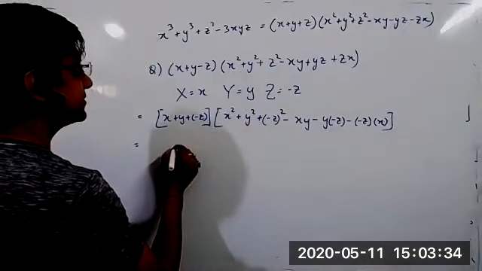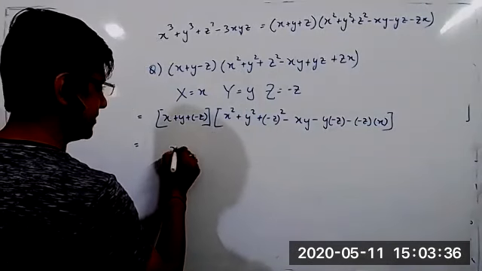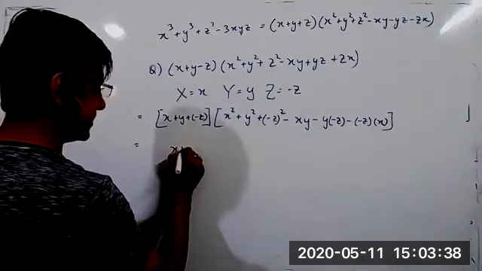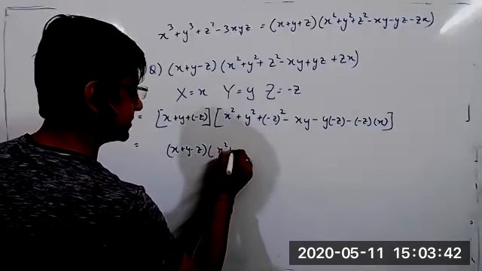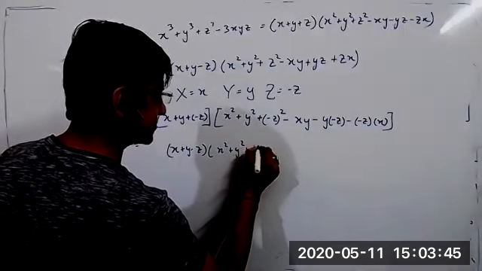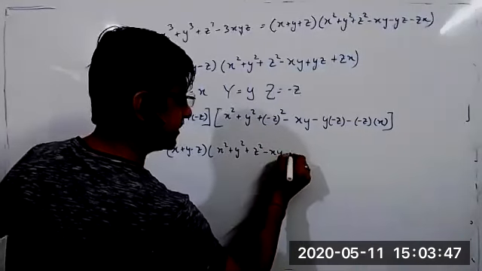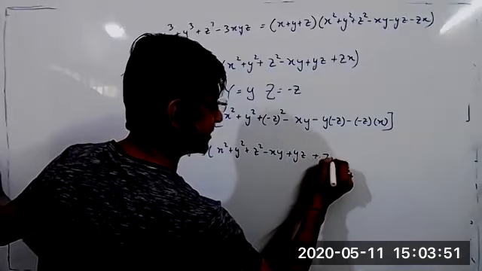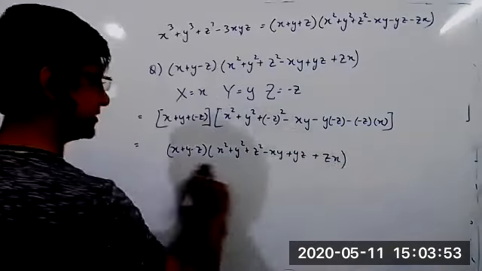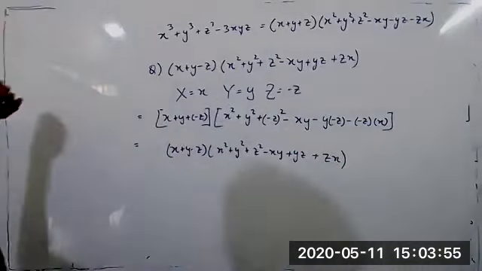So we can write it as x plus y minus z, x square plus y square plus z square minus xy plus yz plus zx. You just check if this is equal to this. Yes, it is equal.